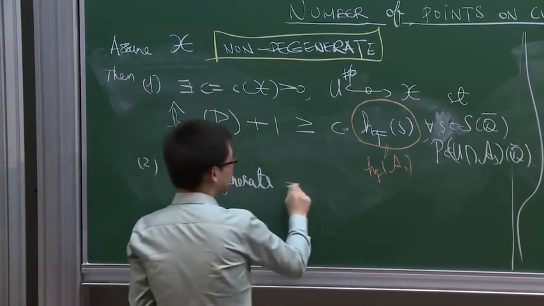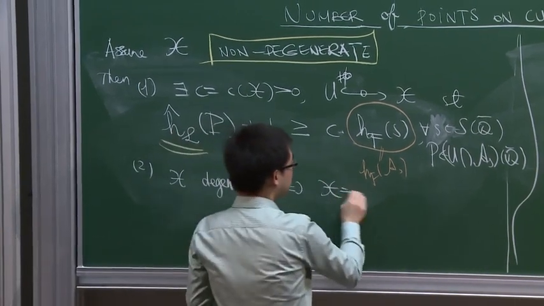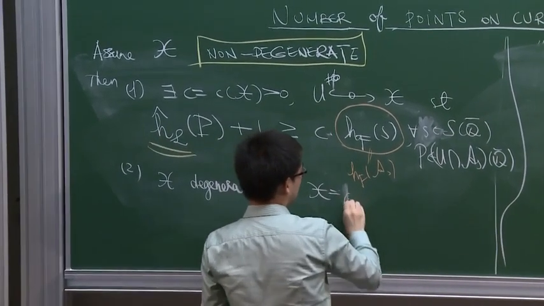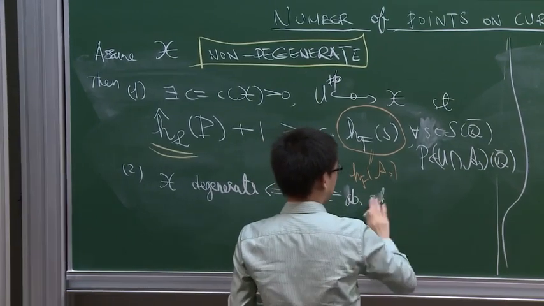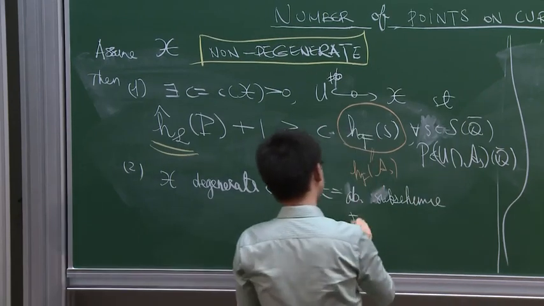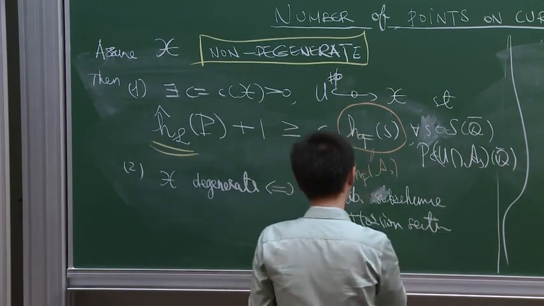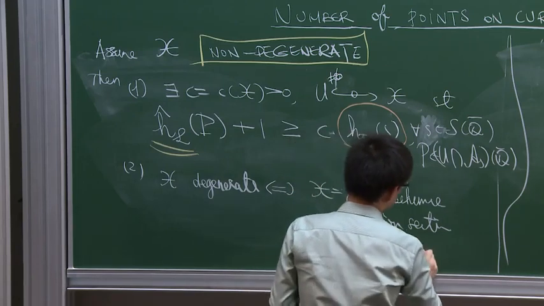X is degenerate if and only if it's very rigid from geometry. It's simply the translate of an abelian subscheme, translated by a torsion section, then by something constant.